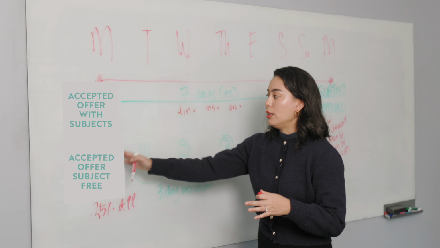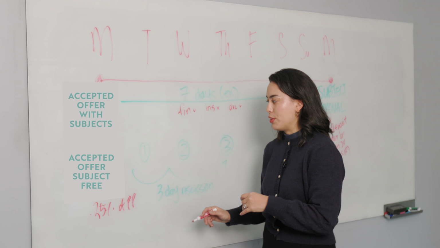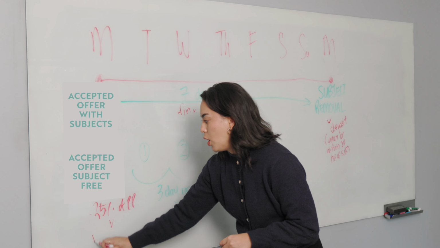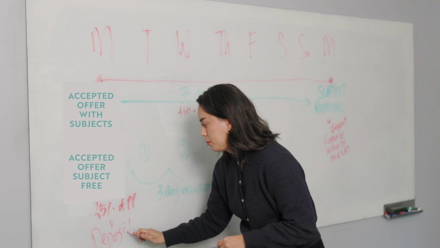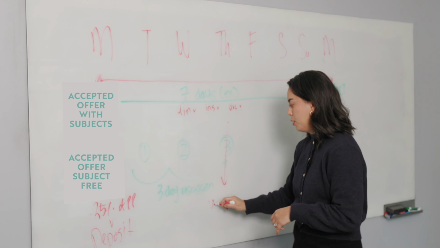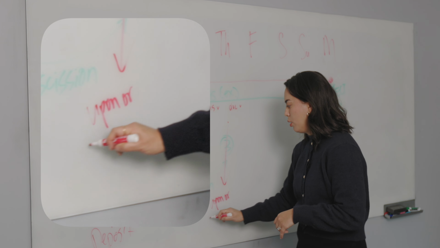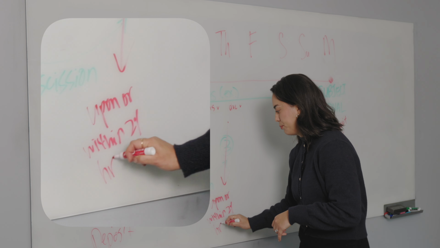So when we are dealing with subject-free offers, there's 2 different ways that this can be drafted. There can be the deposit is due at acceptance, or it could be that the deposit is due upon or within 24 hours of rescission.